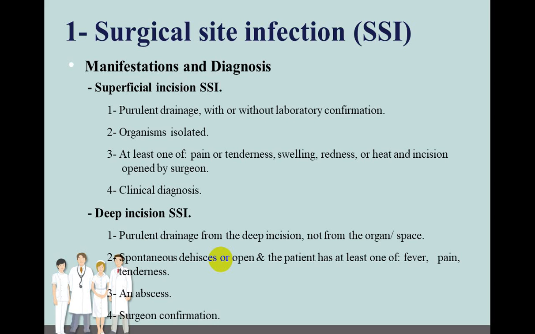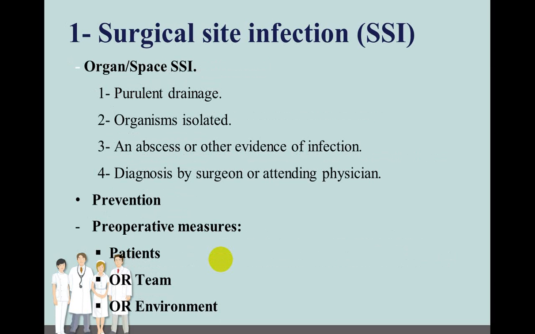Maybe an abscess will be formed. Surgeon confirmation will confirm the diagnosis. As for the organ or space, for example peritoneal space: purulent drainage, organisms isolated, an abscess or other evidence of infection, diagnosed by the surgeon or attending physician.